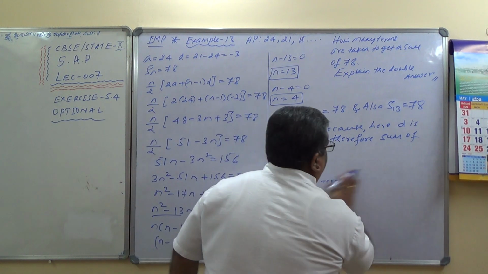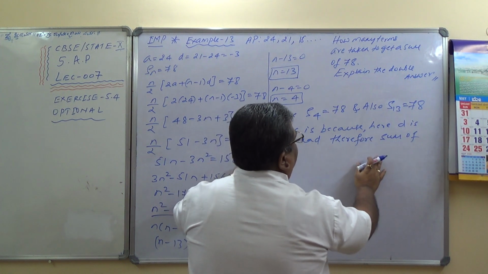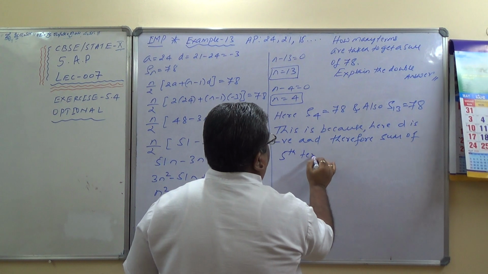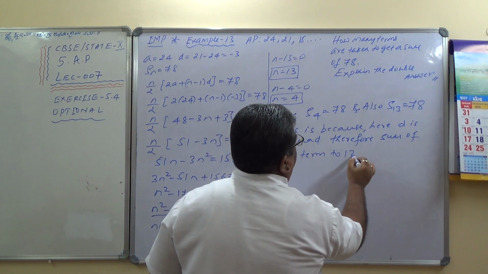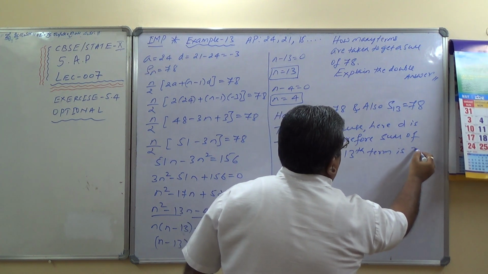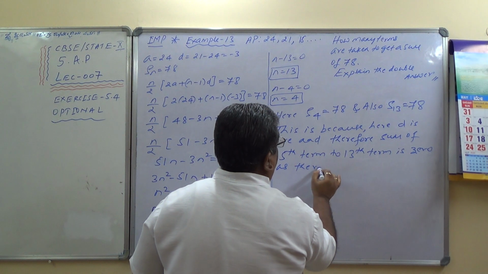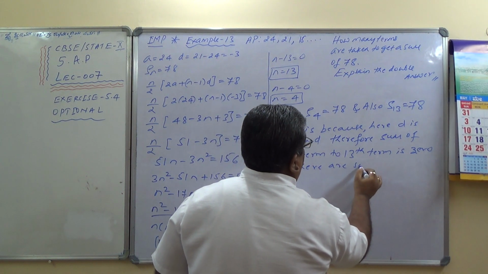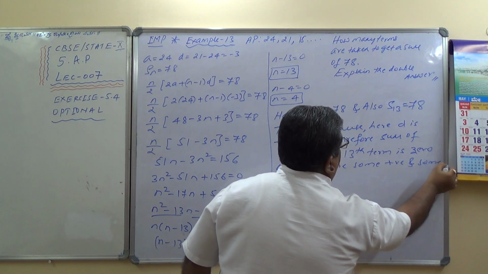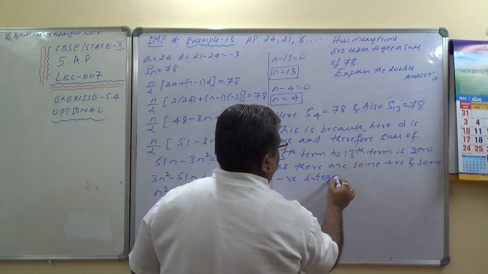So here this is because here D is negative, and therefore sum of 5th term to 13th term is 0, as there are some positive and some negative integers.